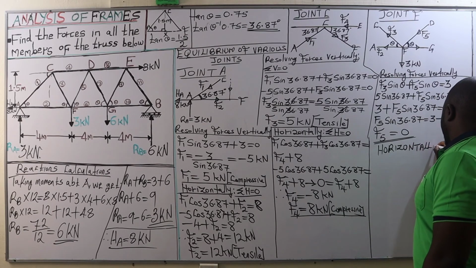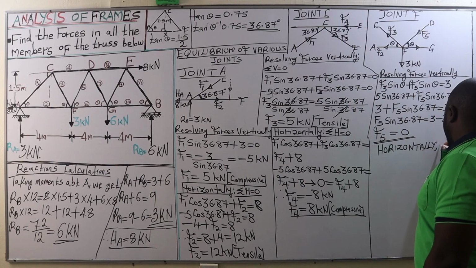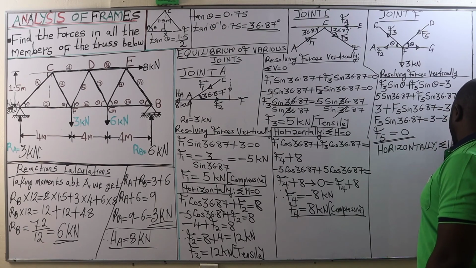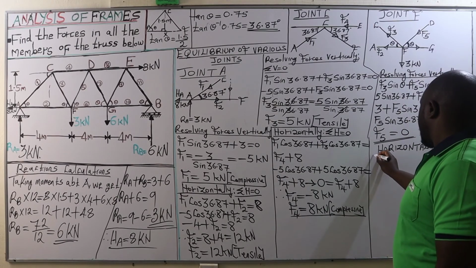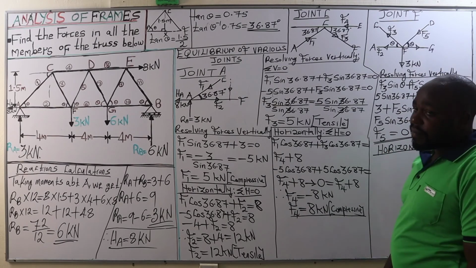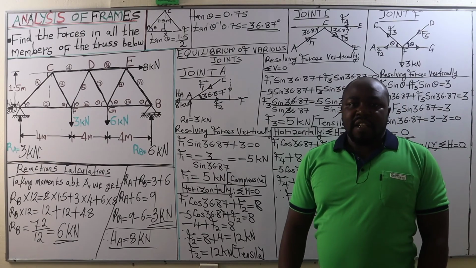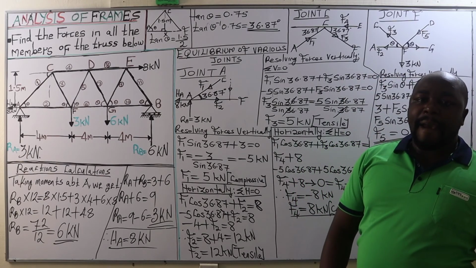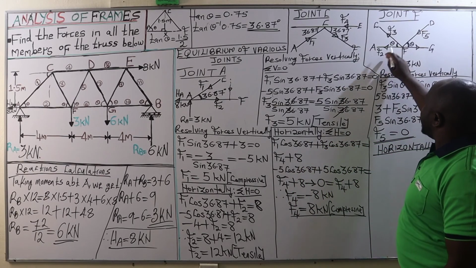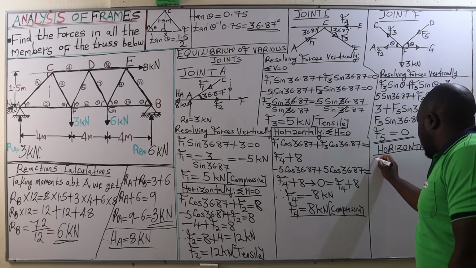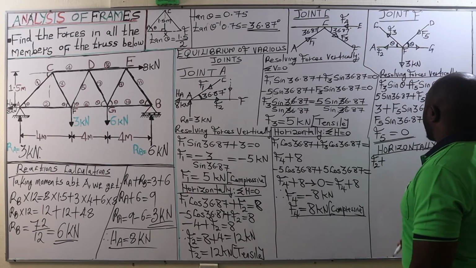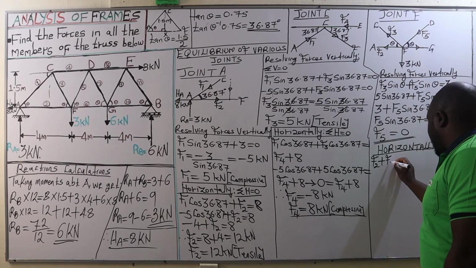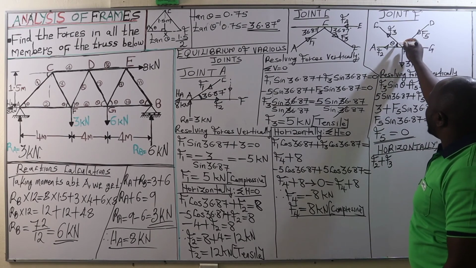Therefore, resolving the forces horizontally and applying this principle, summation of all the horizontal forces to be equal to 0. So we are going to have F2 plus F3 multiplied by the cosine.